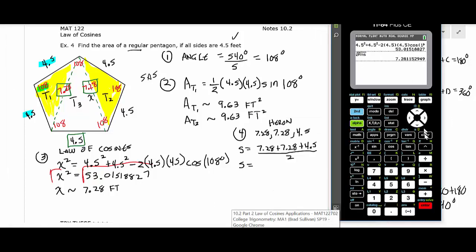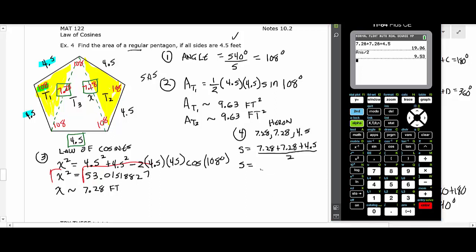I'll just do that all on the calculator. I'm going to just do 7.28 plus 7.28, and then plus the 4.5. You can do this without writing anything on your paper. That's the perimeter when we add those up. And then if I divide by 2, that'll give the semi-perimeter. So that's about 9.53 feet.